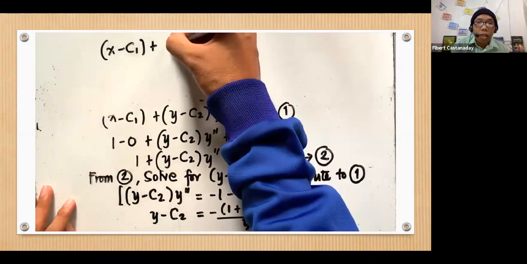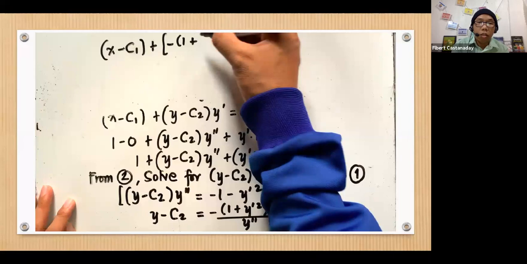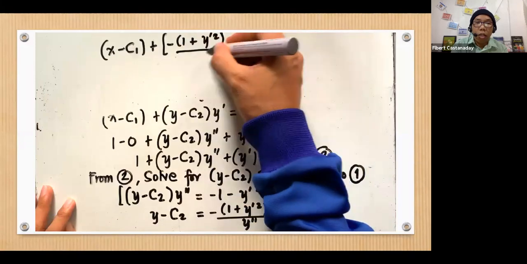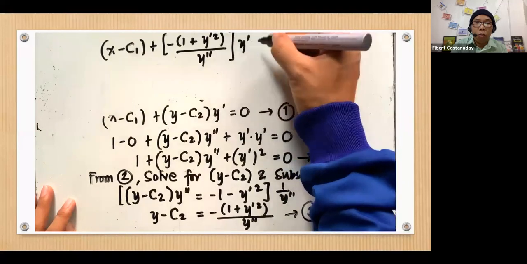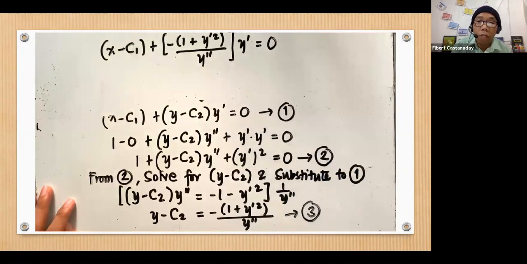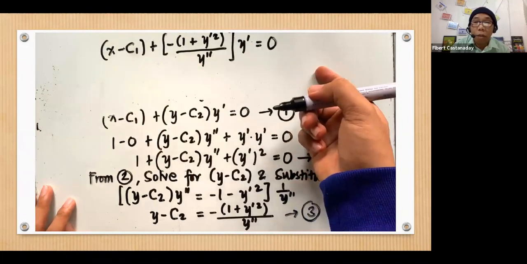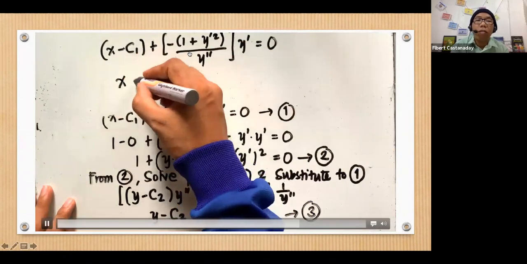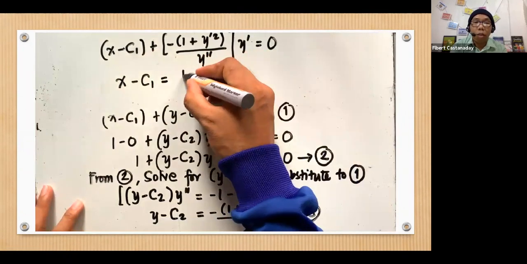So negative times the quantity 1 plus y prime squared all over y double prime, and then times y prime, equal to 0. So this is now the result of plugging in the value of y minus c sub 2. After that, we will solve for x minus c sub 1. So i-transpose natin itong term na to dun sa right-hand side. So we have x minus c sub 1 equals, transposing this term to the right side will become positive, di ba?